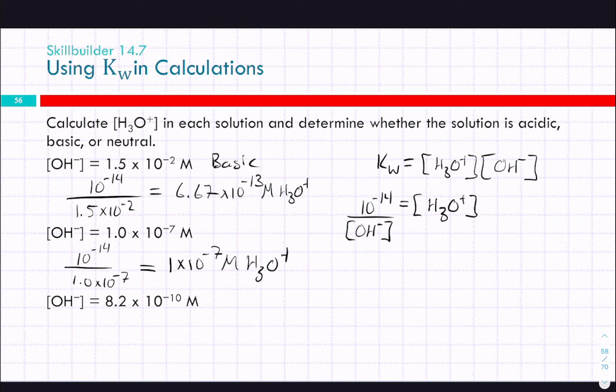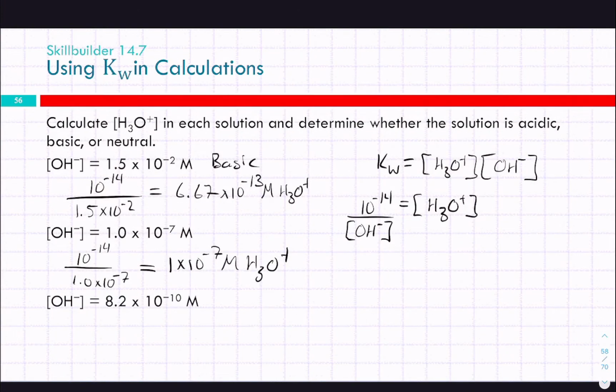So is the concentration of OH minus larger, or is the concentration of H3O plus larger? Or are they the same? They're the same. So if the concentrations are the same, then we don't have more acid, we don't have more base, so it's a neutral solution.